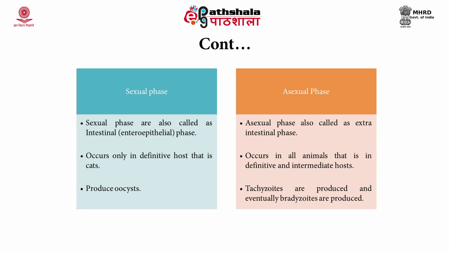The sexual phase is also called the intestinal phase and occurs only in definitive hosts like cats and produces only oocysts. The asexual phase, also called the extraintestinal phase, occurs in all animals, in fact definitive and intermediate hosts. Tachyzoites are produced and eventually Bradyzoites are produced during the asexual phase.